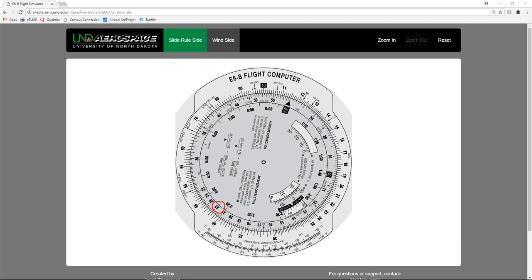That represents 22 minutes. So the A scale will tell us our total fuel that we will burn at 11.5 gallons per hour over 22 minutes. That looks to be 4.2 gallons.